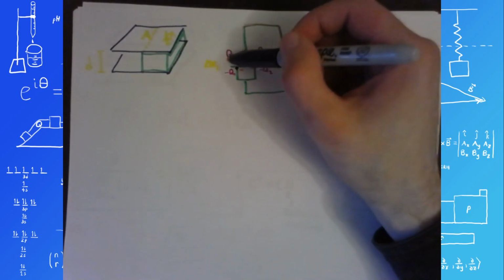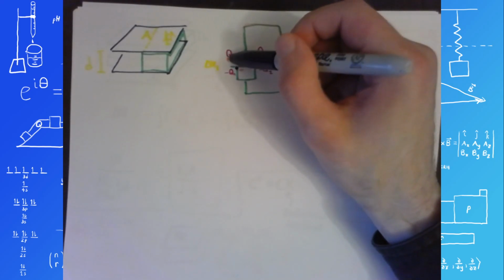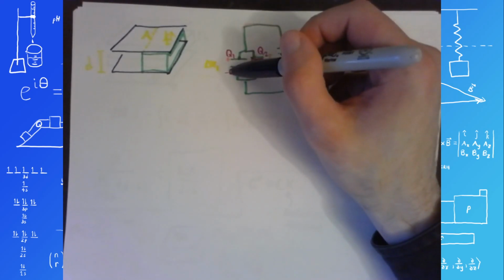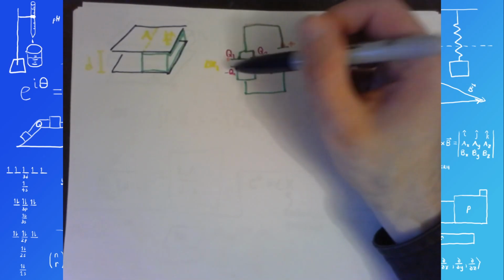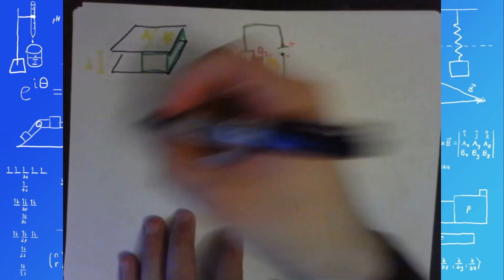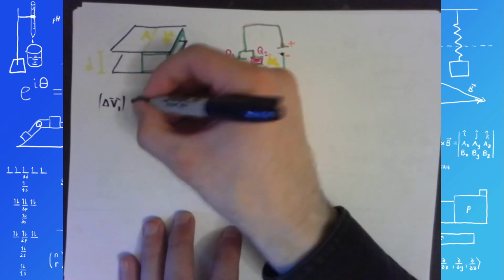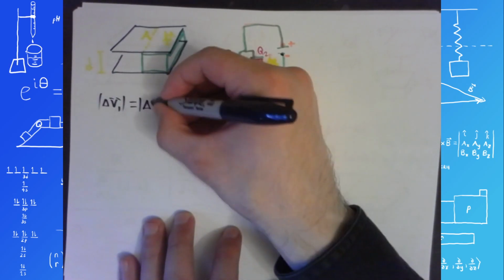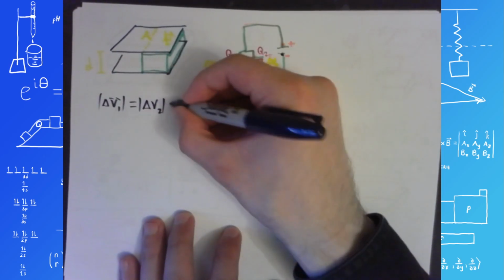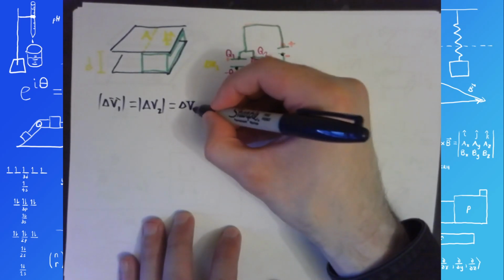So the voltage at the top of each plate is the same for both plates. The voltage at the bottom is the same for both plates. They have the same change in voltage across the 2 plates. So delta V1, at least in magnitude, equals delta V2 equals delta V of the battery.